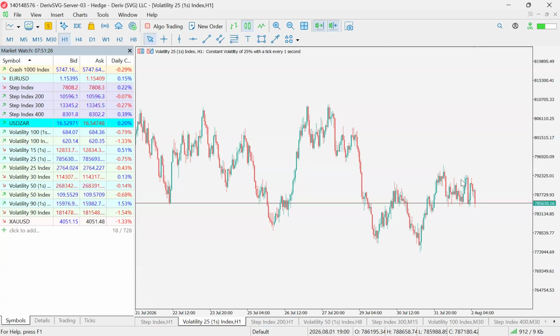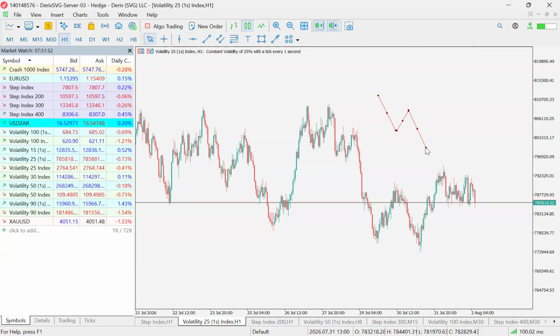So nimepeana strategy, nimepeana risk management, which is one, number of entries, two, lot size. But if you want to use a stop loss, what you do is just place it above the key level.